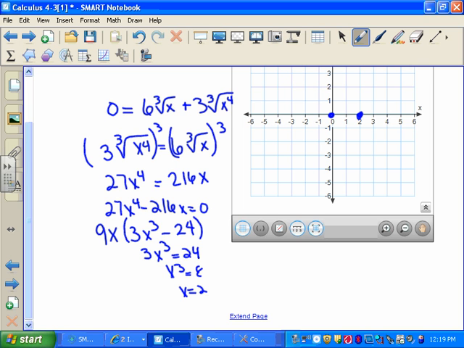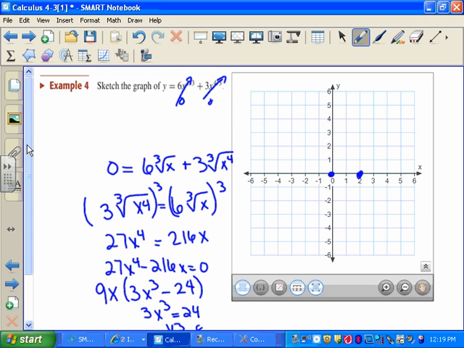And now what I want to do is say, okay, let's take a look and say we need a test point on either side of my zeros. So I need one at -1, 1, and 3. So if I plug in -1, I'm going to erase this so I can see my function. If I plug in -1, I get 6 times -1 plus 3.